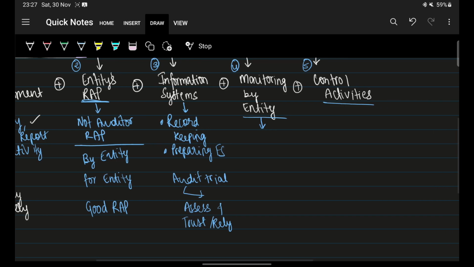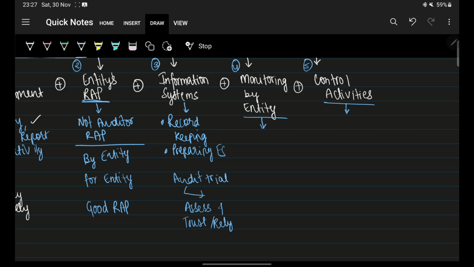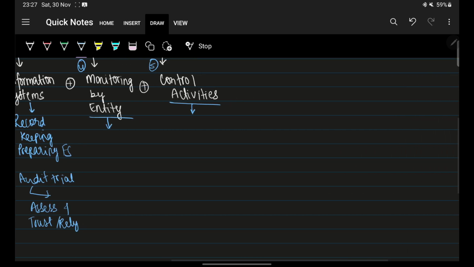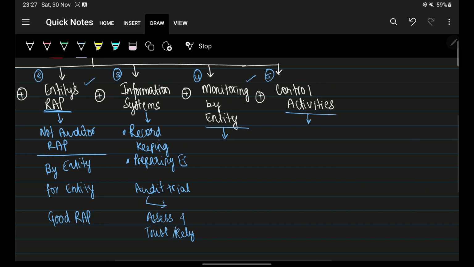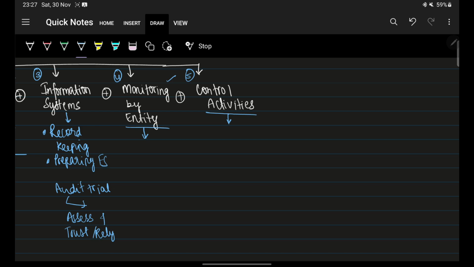And lastly, control activities. This is basically what are the things that the entity is doing in response to the entity's RAP and the feedback through the monitoring that is done. I'll just give you some examples. Basically this is to ensure that the management's directives are being followed.